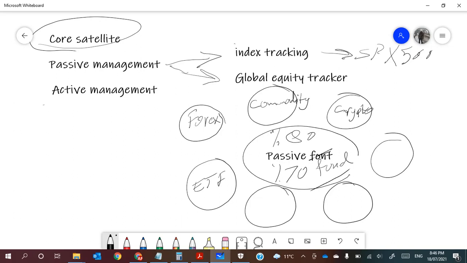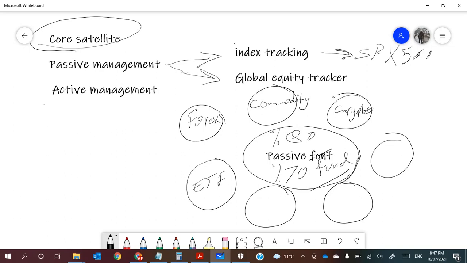I'm gonna explain my own portfolio with eToro shortly, so you can understand better. So as I said, index trackers and actively managed funds can be combined in this way, which is called core satellite management.